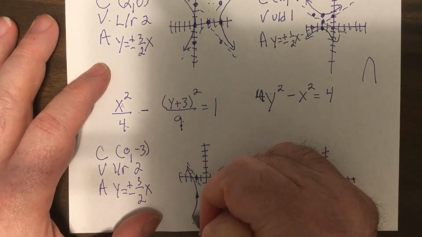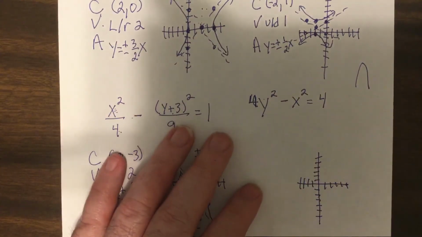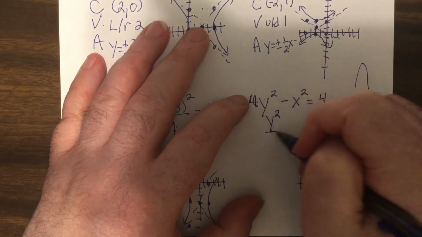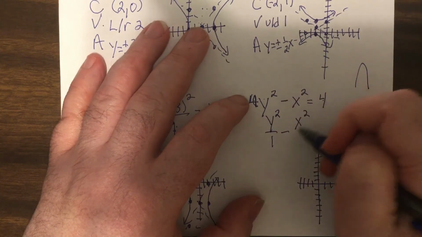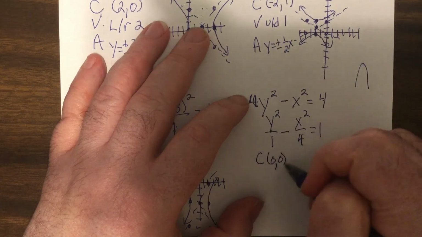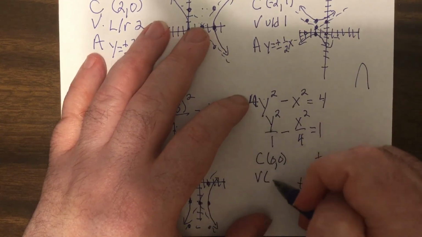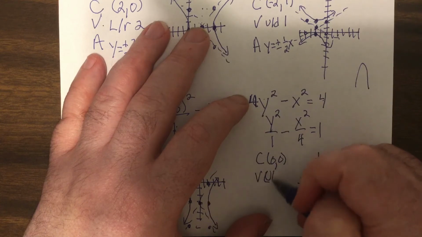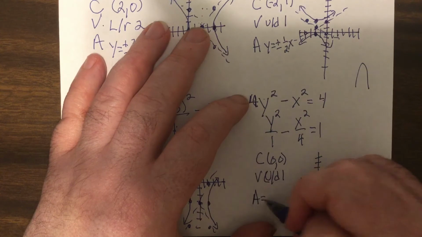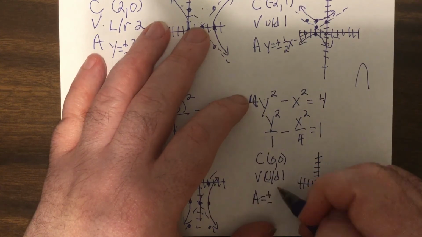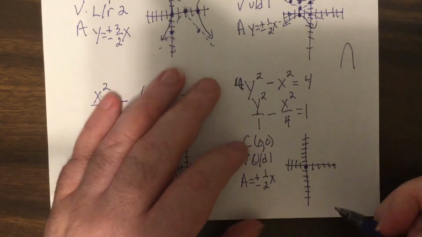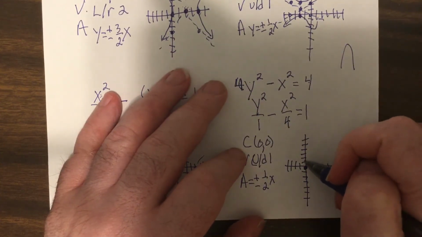Now this one, I got to get it in proper form, so I divide everything by 4. So my center is going to be 0. My vertices are going to be up, down, 1. And my asymptote is going to be Y equals plus or minus 1/2 X. So 0, 0. Then it's up, down, 1 again.